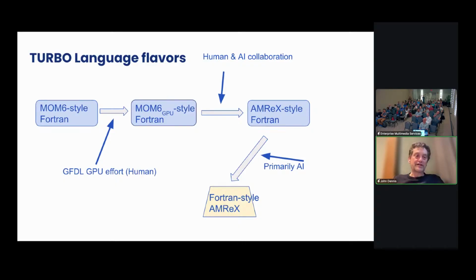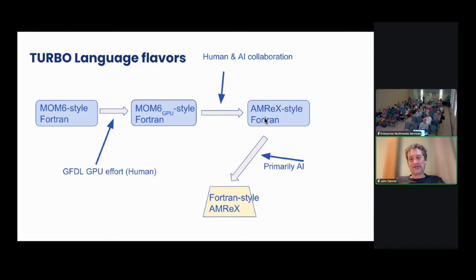So how this works here is we have these different flavors of source code. You have the original, and you convert it into this GPU style Fortran, and this requires a considerable amount of human effort, at least at the moment, and we're not quite sure how applicable AI is to this.